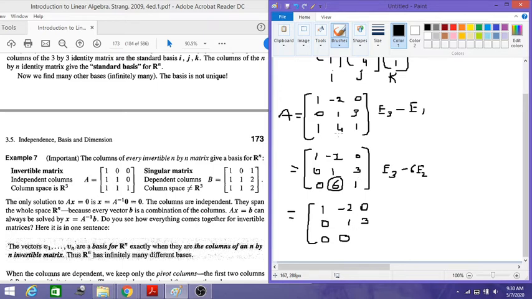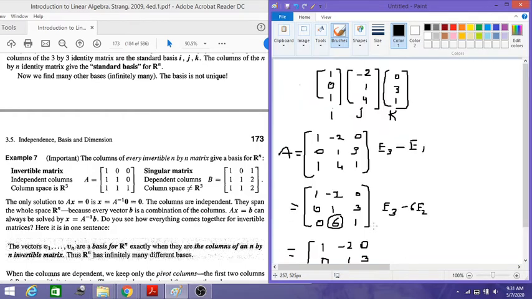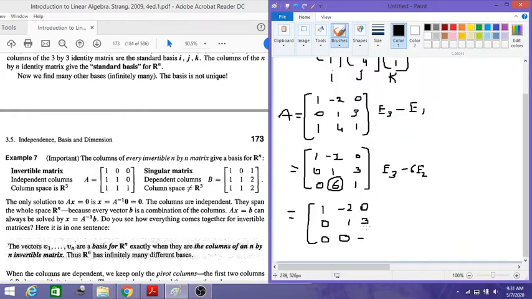Did we miss something? 18, so 18 minus 1, I'll get here minus 17.